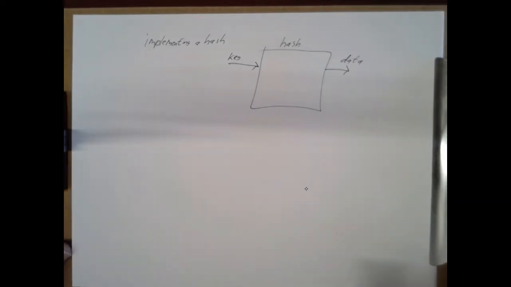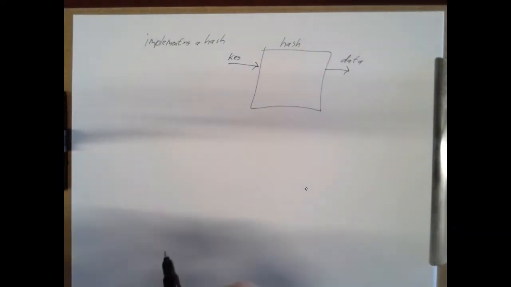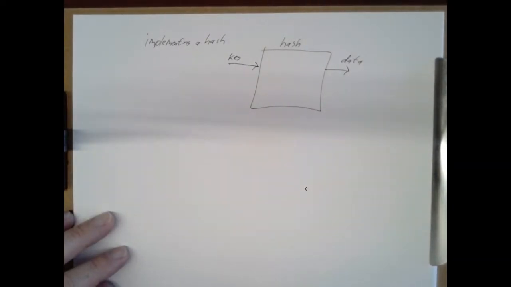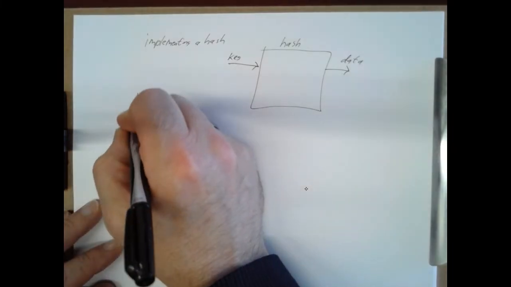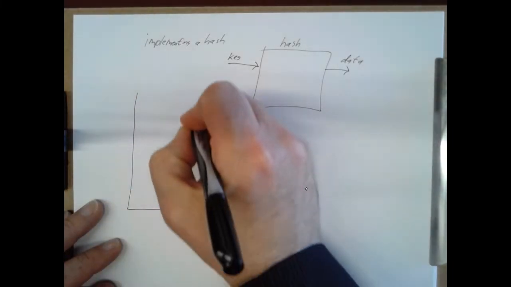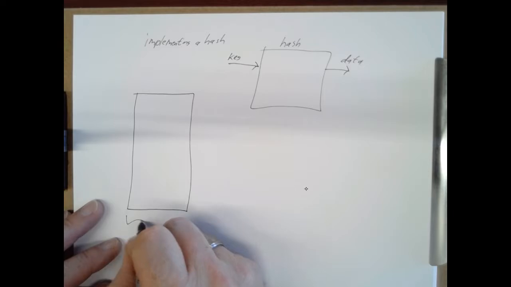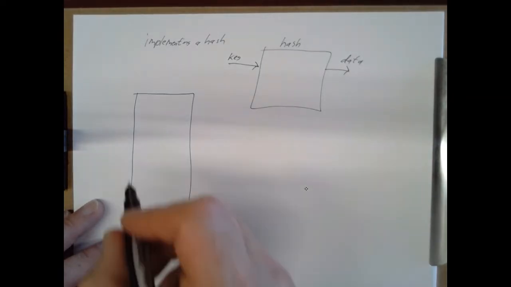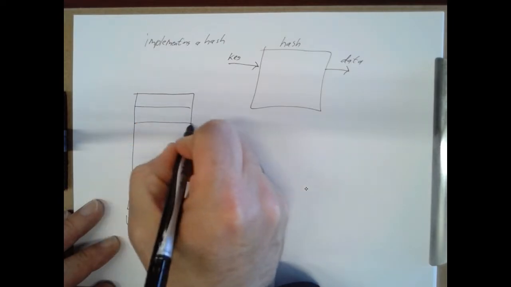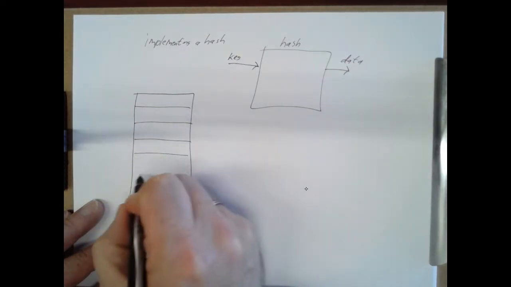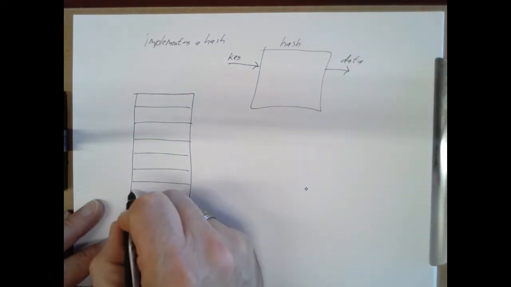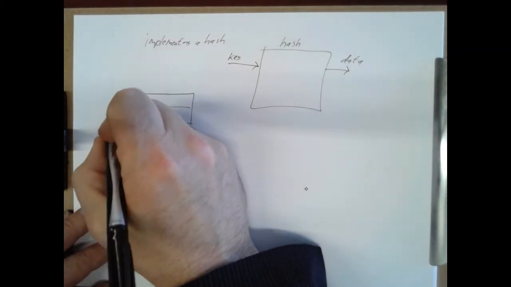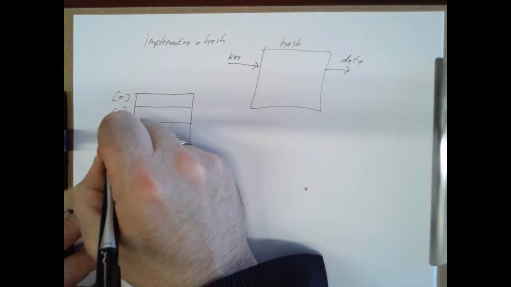All right, so here's one way that we can do this. We can implement this with an array. So let's make an array of strings. So each entry in this array is going to be a char star. And we're going to have, let's say, 10 entries.